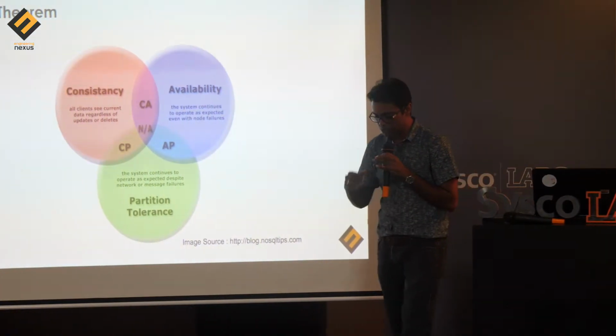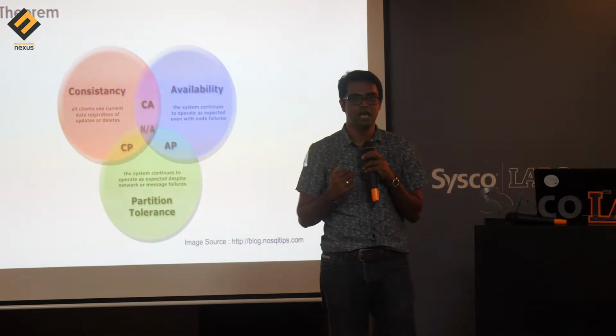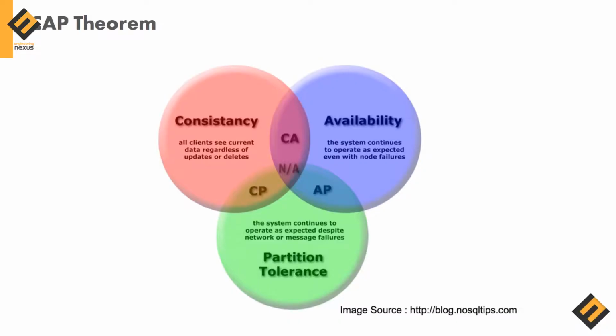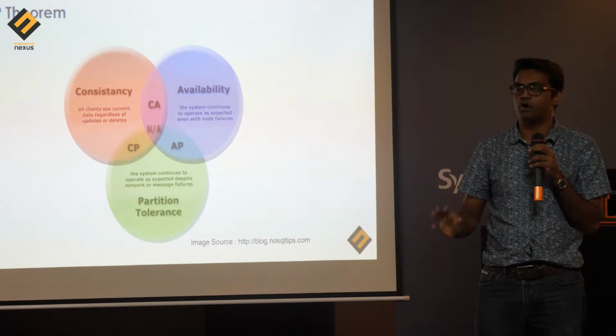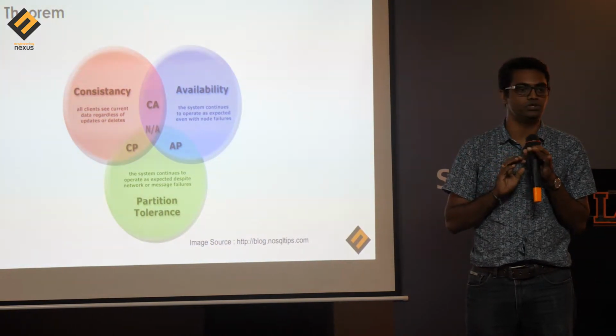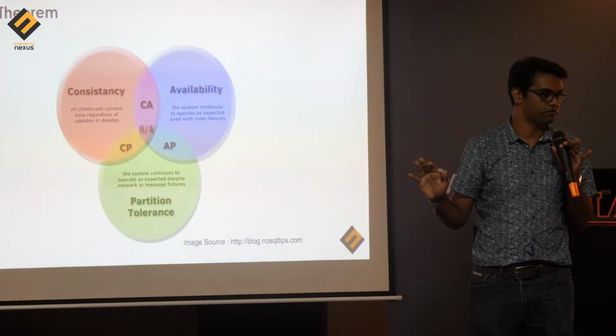Before we go into further discussion on this, I'll have to give you a basic theory, which is the CAP theorem. I'm not sure how many of you already know about this. Okay, how many of you have never heard about it? Okay, so it's about 50-50. This is something that you should always know when you are going to build a mission critical system or anything in a distributed environment.